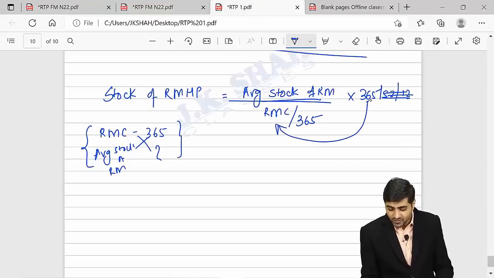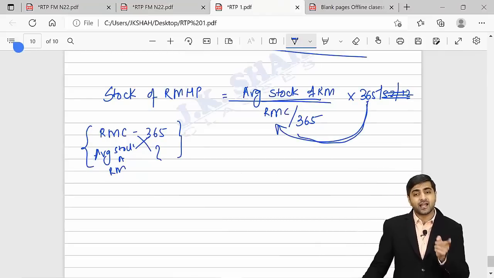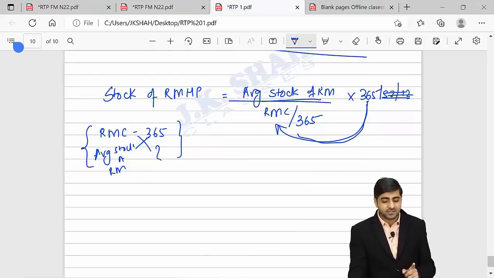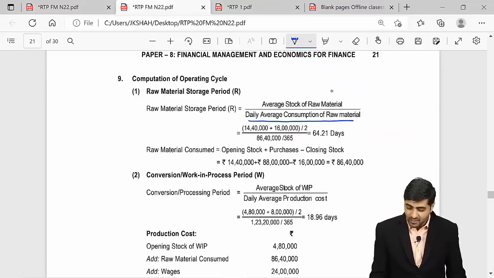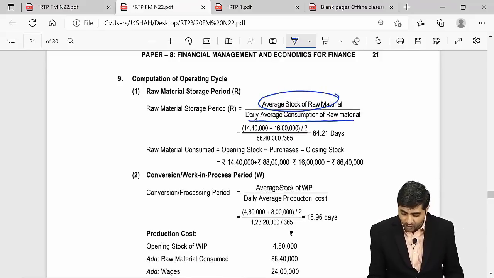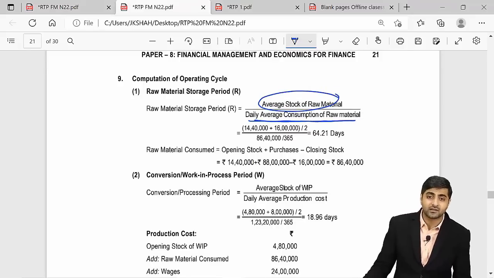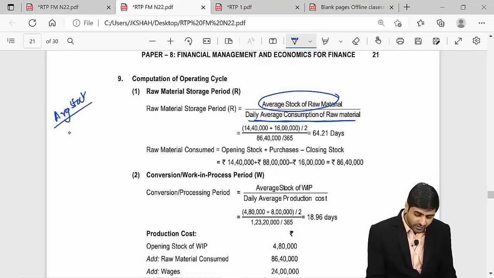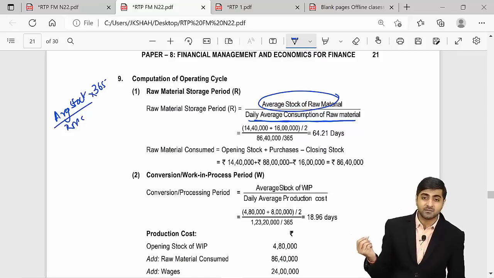So instead of keeping 365 here, they take your RMC and divide that by 365, so that you get consumption on a per day basis. So it will be nothing but average stock of raw material upon daily average consumption of raw material. So don't be confused in this. You can also do it like this: average stock of raw material divided by raw material consumed into 365, you will get the same answer.